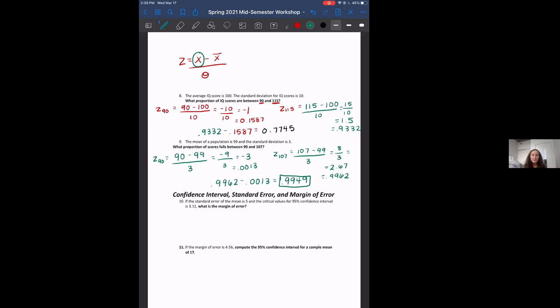All right, good. Let's move on to the next one. Now we're moving on to margin of error. If the standard error of the mean is 5 and the critical value for a 95% confidence interval is 3.11, what is the margin of error? Does anyone know how we should approach this problem?